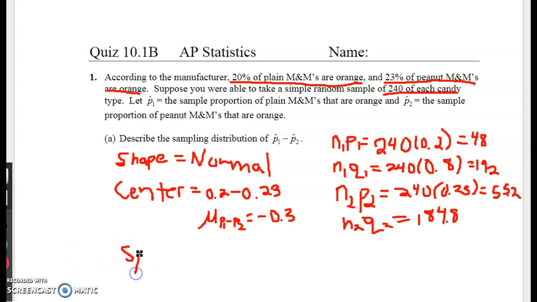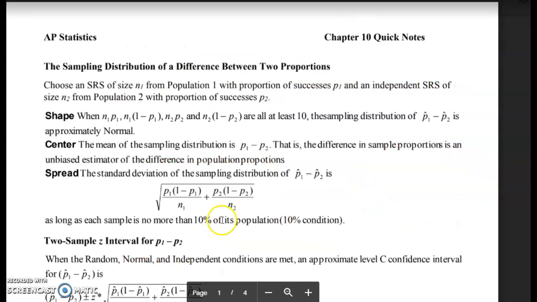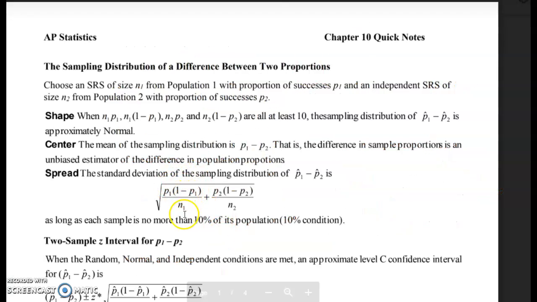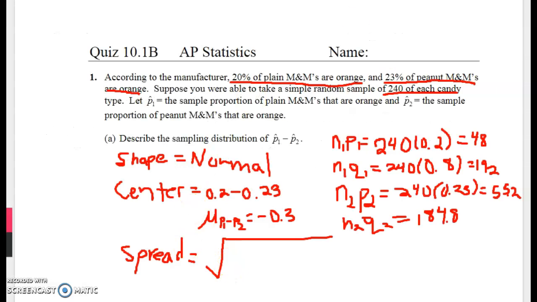And then spread. My new formula for standard deviation is the square root of P1Q1 over N1 plus P2Q2 over N2. You don't have to memorize it. These are both 240 for my sample sizes.